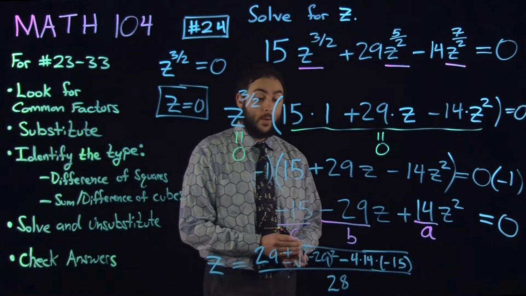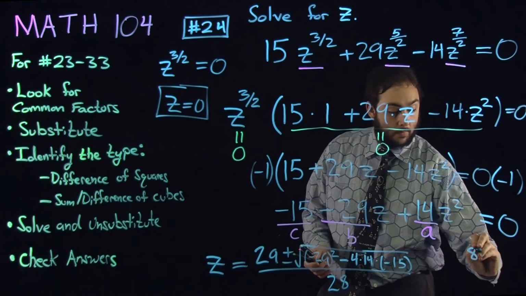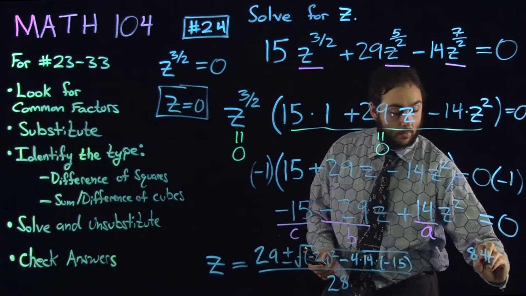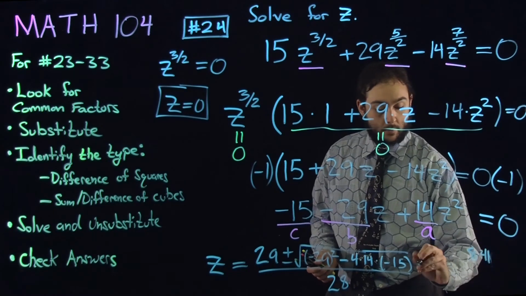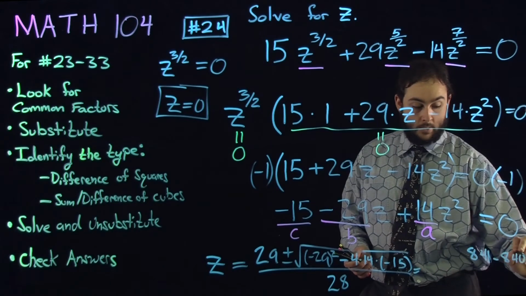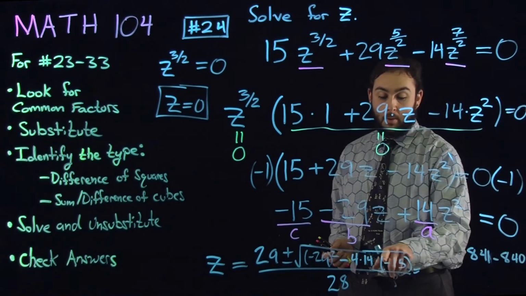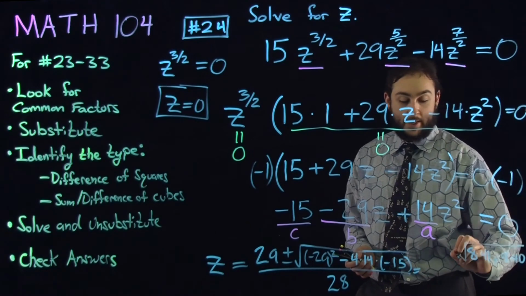So the term in the square root becomes 841. Erase this to make it a little clearer. 841 minus 840. But these negatives make a plus. So that's our square root.